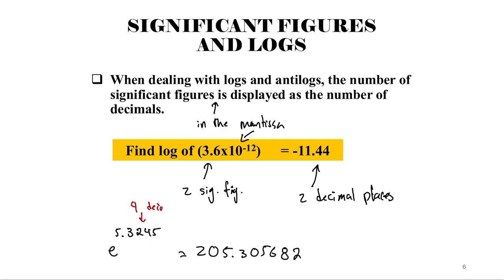We have 4 decimal places, which means that we need 4 significant figures in our final answer. So the final answer would be, morning Andrew, 205.3.